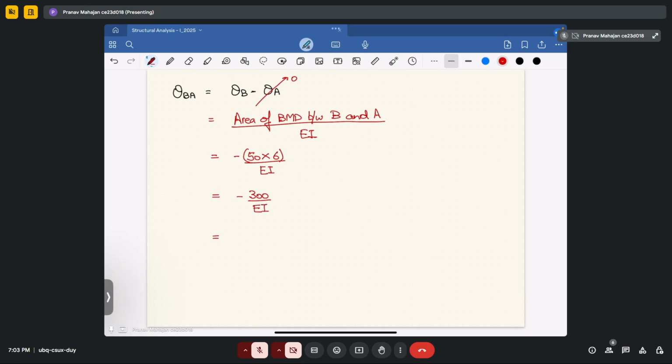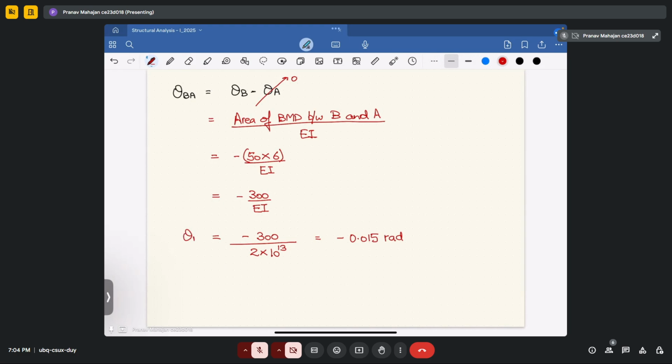And if you substitute the value of EI, it will be equal to minus 300 divided by 2 into 10 power 13. Okay, and this value will be equal to minus 0.015 radians.